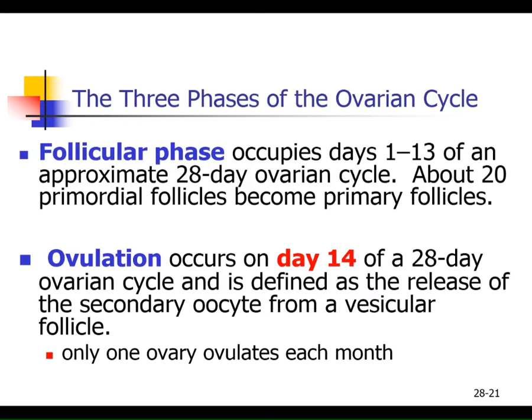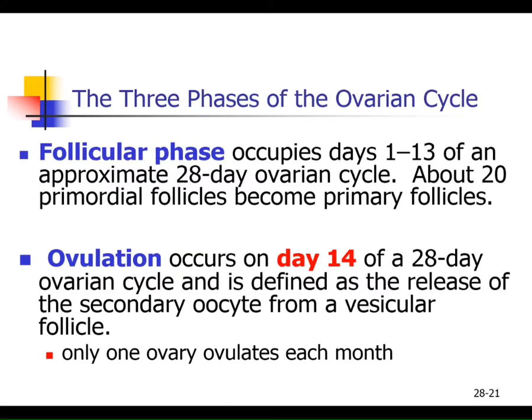You may know people who cycle more frequently, less frequently, or are more irregular, but we're going to use 28 days as a normal, average cycle. In a pathophysiology course, you'll learn about how those cycles can be different and why that could be.